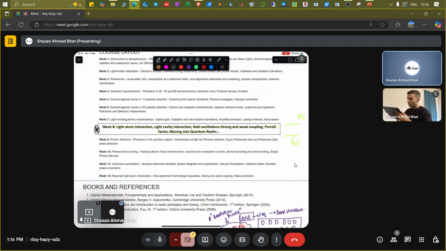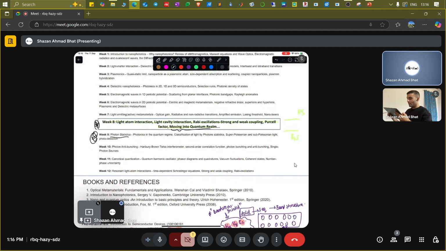Now, next week, we are going to move into the quantum mechanics of photons. We're going to talk about photon statistics and single photons. What is the distribution of the photons? Whether it's Poissonian or super Poissonian. We are going to talk about correlations, something called second order correlation and first order correlations. So this is basically photons in the quantum regime.